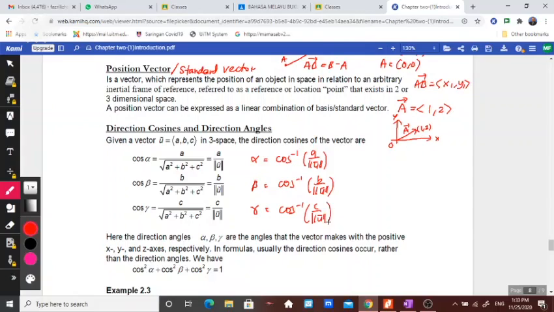So these 3 are the direction cosines, and these are the direction angles.